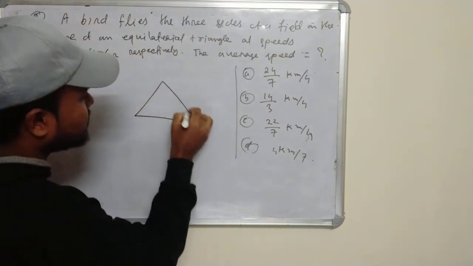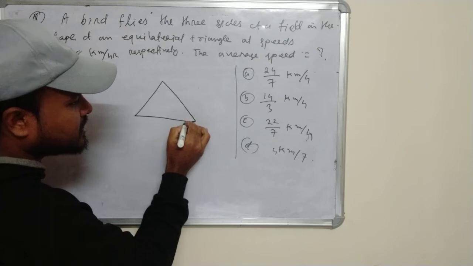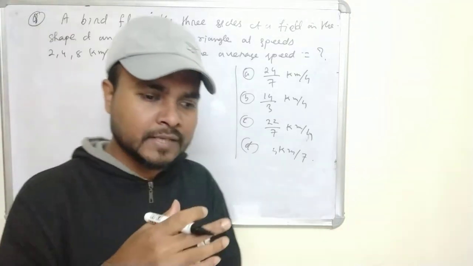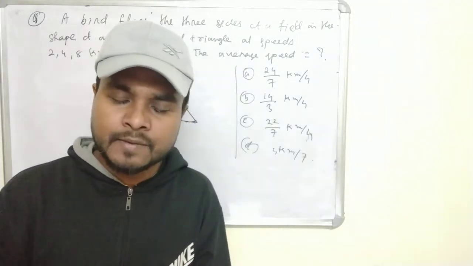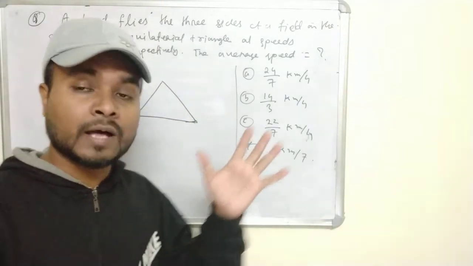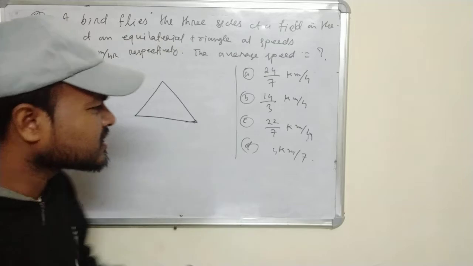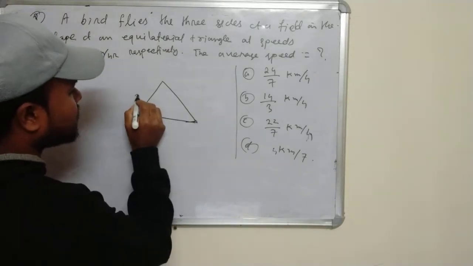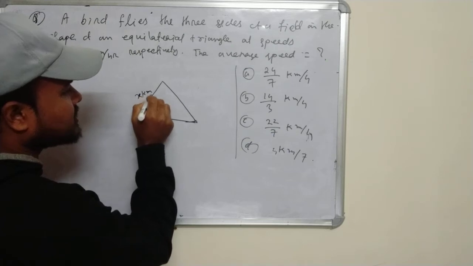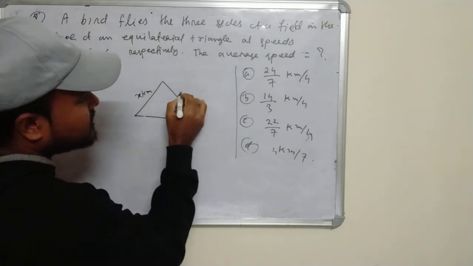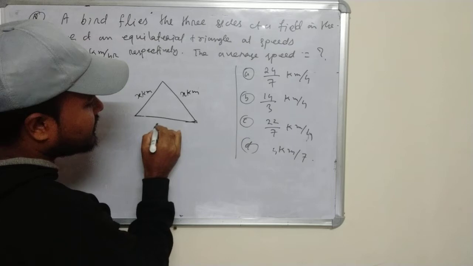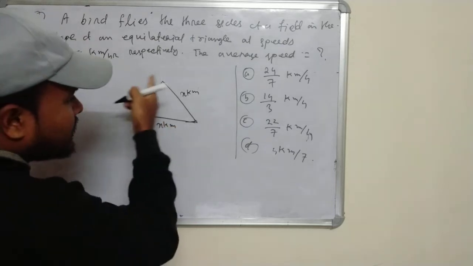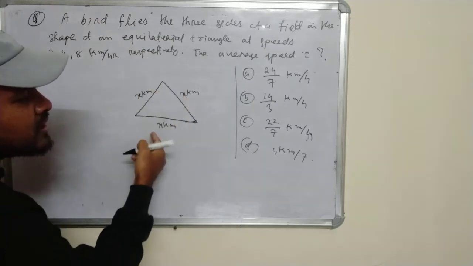If this is an equilateral triangle, all the sides will be the same, but it is not given what distance the bird travels on one side. So let us take x kilometers as the distance on one side. Since it is equilateral, each side will be x kilometers, so all three distances are the same.